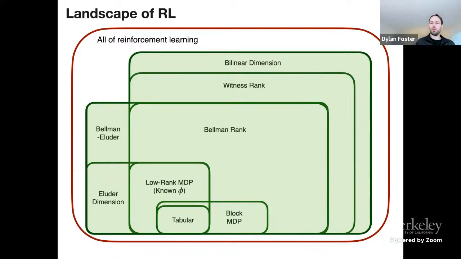But the natural question you might be wondering at this point is, what is the true shape of this landscape? I've given all these conditions that I said are sufficient to derive sample efficient reinforcement learning algorithms, but what about necessary conditions? Where does this green tractable portion of the landscape end?